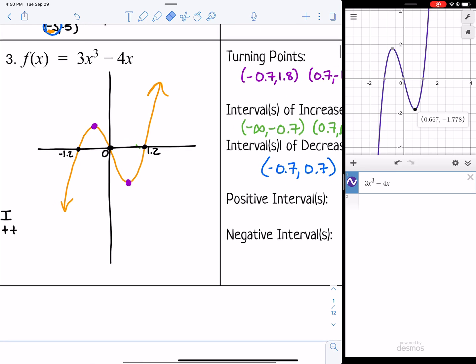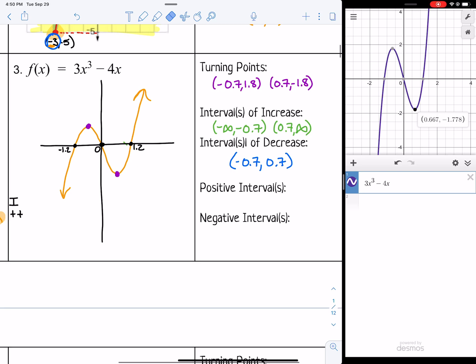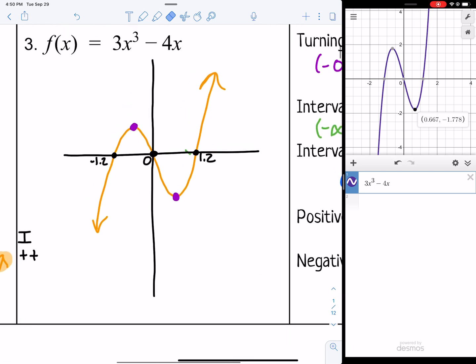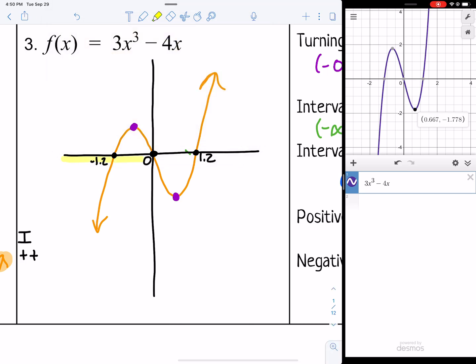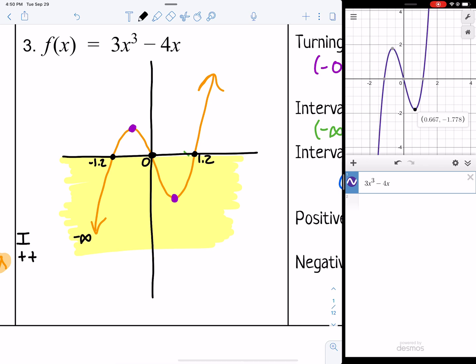Okay, so now we can focus more on positive interval versus negative interval. For this graph, I have a negative interval below the x-axis. Remember, that's where your function is considered negative because y is negative down below the x-axis. And this interval goes from negative infinity up to that x value right there, negative 1.2.